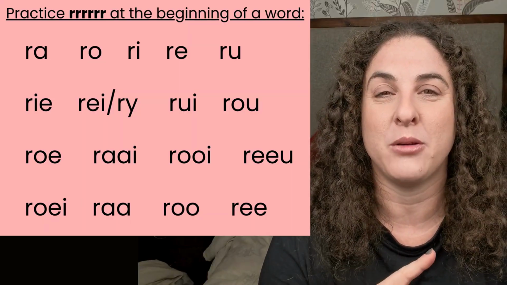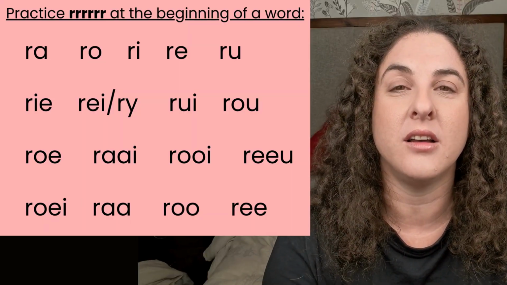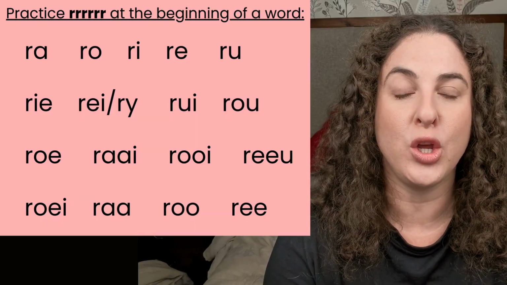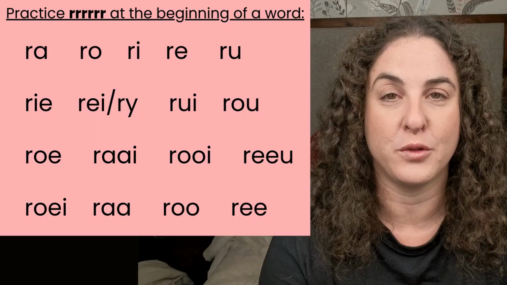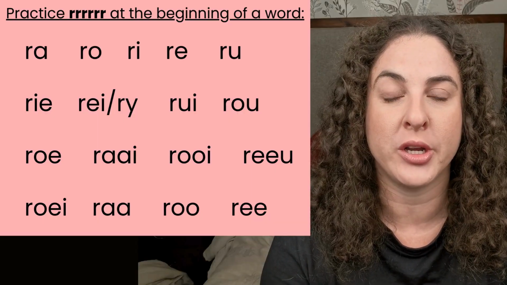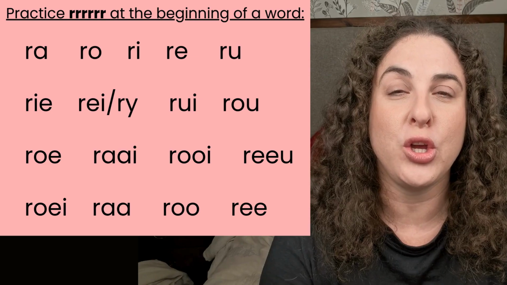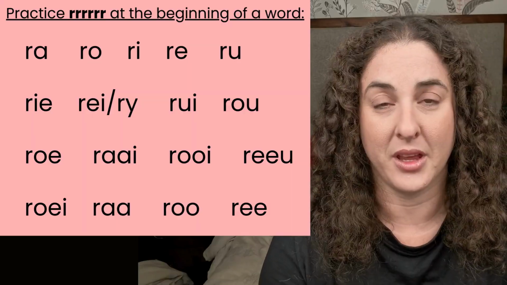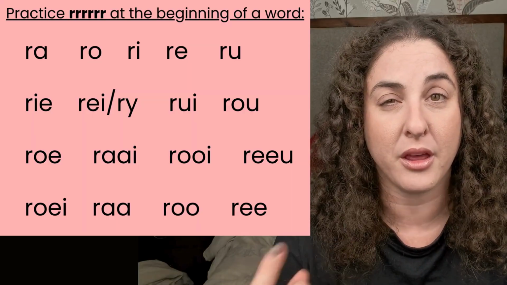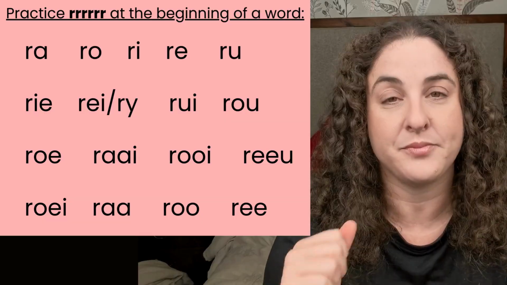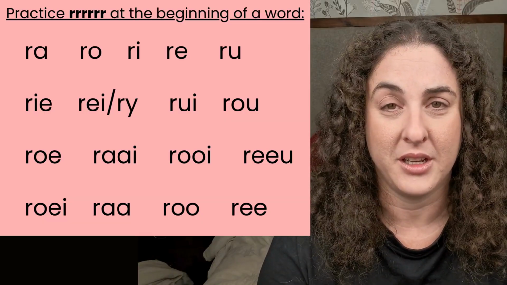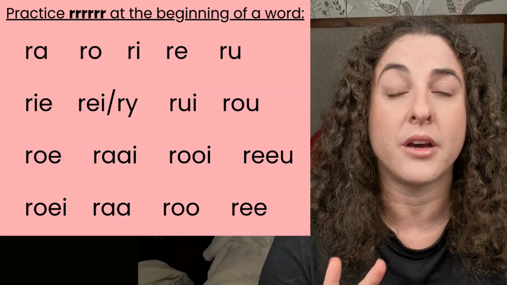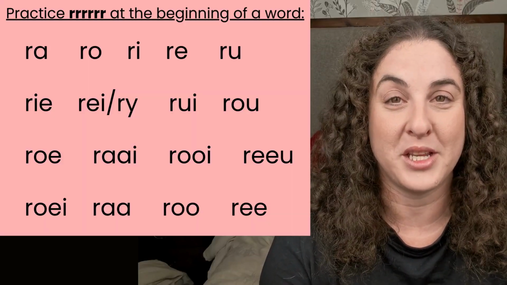So I would say like the long e, like the word in Afrikaans for fire, which is vuur, that e sound does not follow an r in the beginning of a word that I can think of in Afrikaans. So I left it out in combination with the r sound when it's in the beginning of a word.